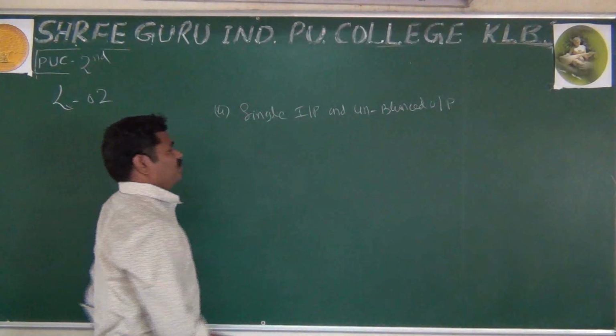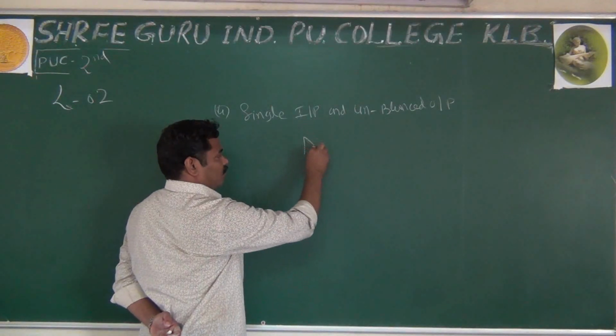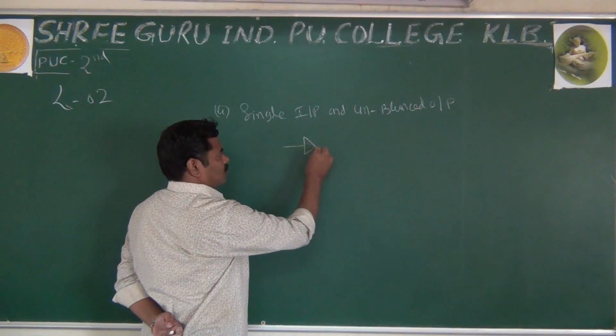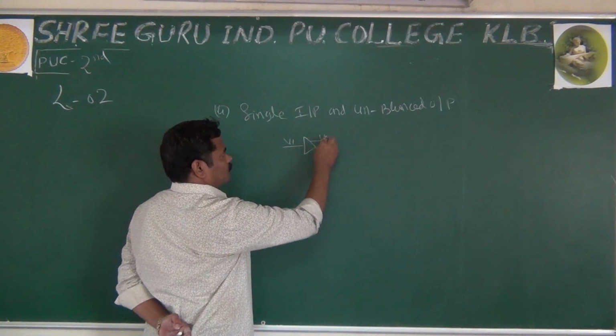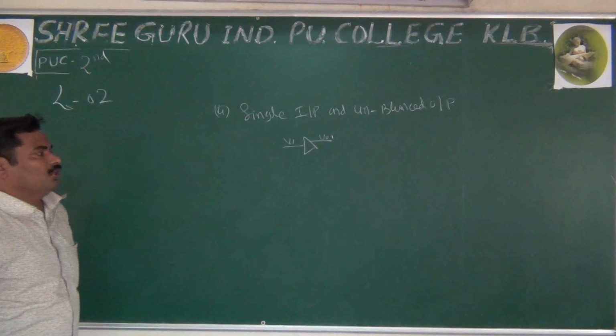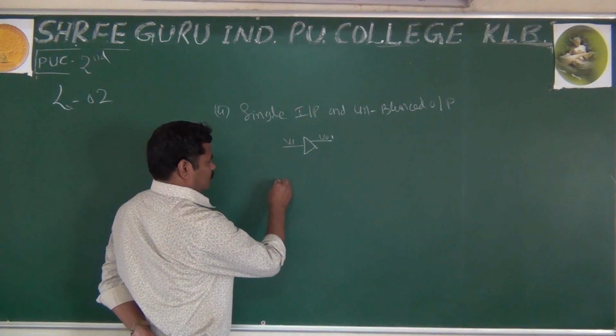Here, very simple, we have only one input. This is symbolically, or if you want to see it in the diagram.